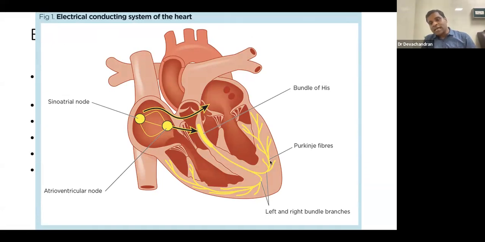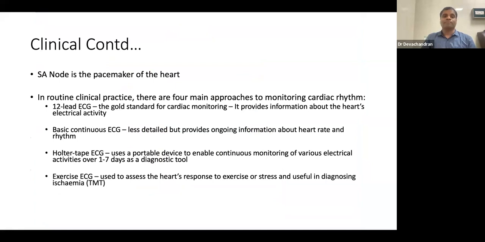From the bundle of His, it goes to the ventricular muscles through the Purkinje fibers. Here, yellow is the conduction system of the heart, and the chambers are obviously depicted in red. So it's the pacemaker of the heart, the SA node.